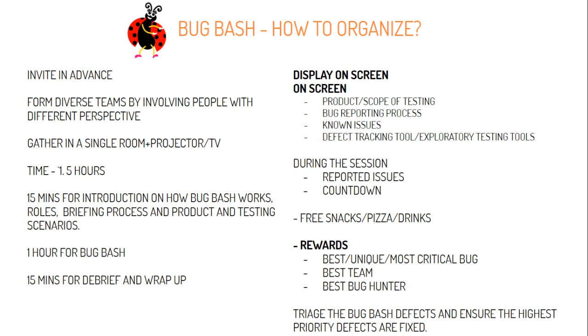So this is a good way to involve the entire team, also to bring in a sense of quality in everyone. So I would definitely recommend everyone to conduct 1 or 2 bug bashes in your own organization and see if it adds value. You can call for more bug bashes if you see some value.